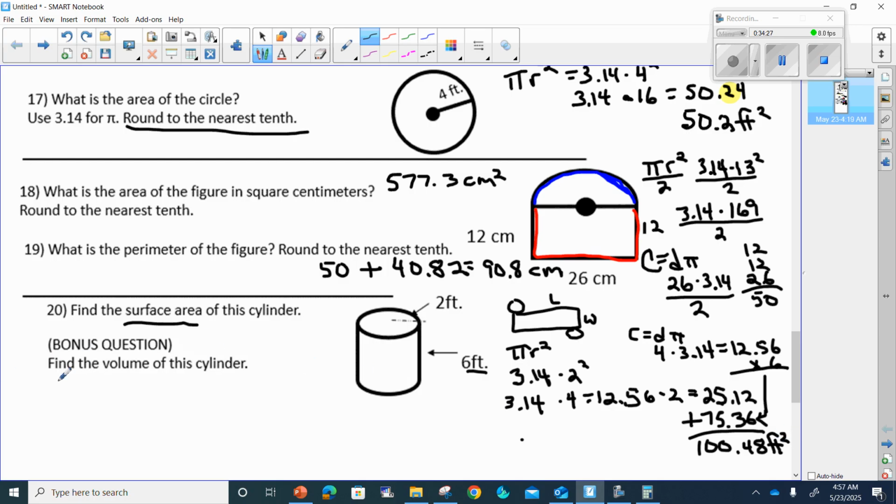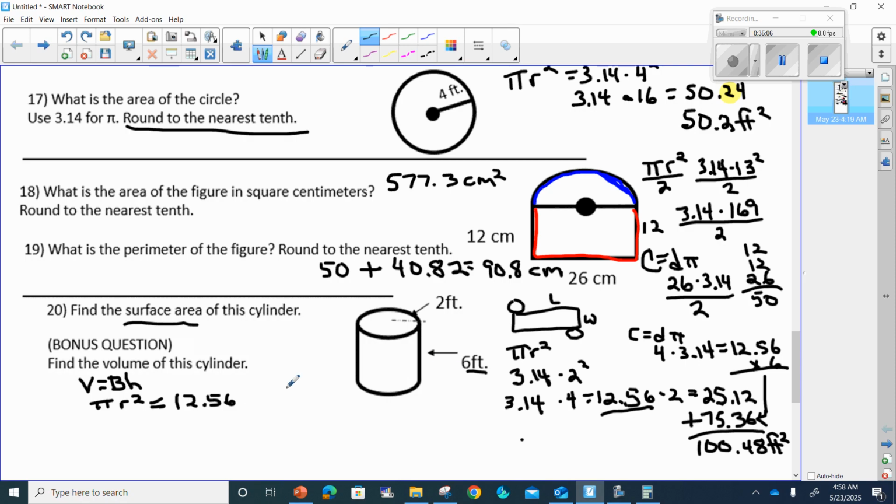The bonus question is very simple. Find the volume of a cylinder. And the volume formula is V equals big B times H. Big B stands for the formula of the base. Well, the base is a circle, and we know that's pi r squared. We solved this earlier. We said the circle was 12.56. We're multiplying this base by the height.